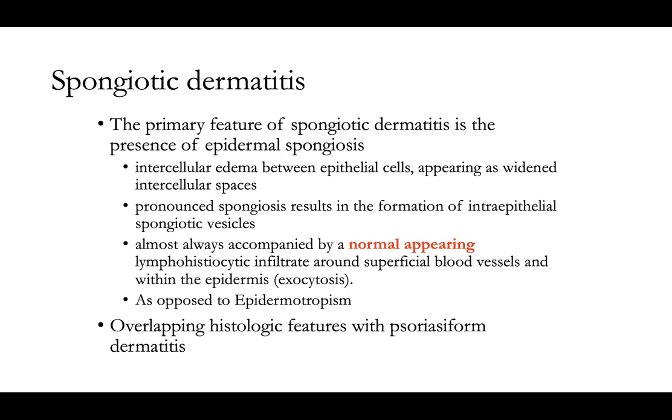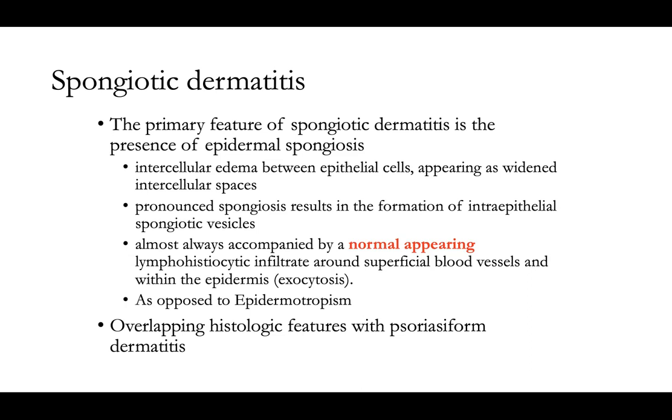So unfortunately, spongiotic dermatitis has many overlapping histologic features with psoriasiform dermatitis. What does this translate to in the real world? It translates to real world specimens often looking like a mix between psoriasiform hyperplasia and subacute to chronic spongiotic dermatitis. And a lot of that is because we get biopsies of partially treated psoriasis, or we get biopsies of things that look clinically like psoriasis, but it's actually just a subacute to chronic eczematous process going towards lichen simplex chronicus.